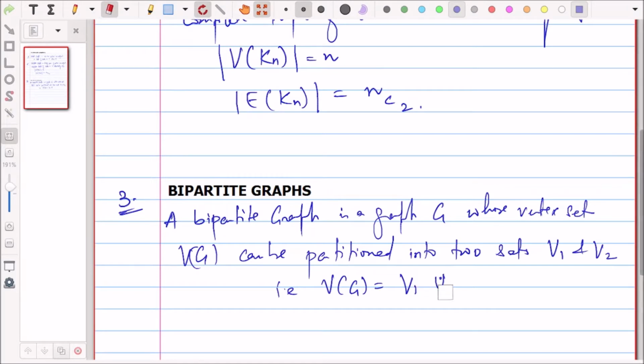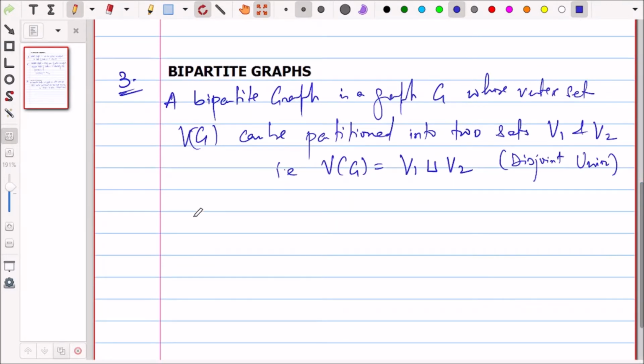Disjoint union को इससे भी represent करते हैं. So union into two sets such that, क्या होना चाहिए? Every edge joins a vertex in V1 and a vertex in V2.